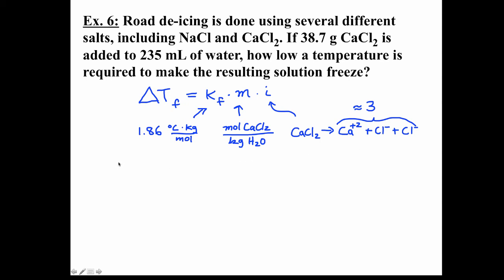So, to solve this for calcium chloride, what we know is we have 38.7 grams. The molar mass of calcium chloride is 110.98 grams per 1 mole. And that turns out to be 0.349 moles of calcium chloride.